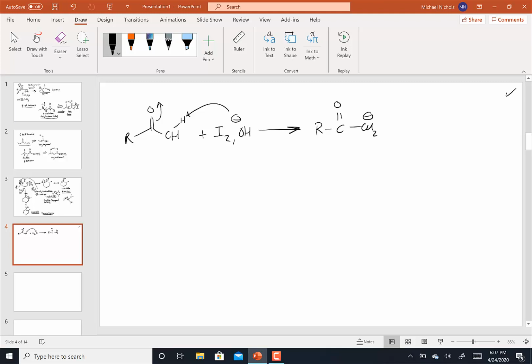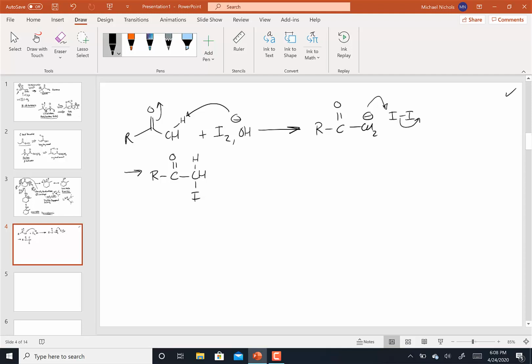Then that enolate would end up reacting with iodine as a nucleophile, so it would react with one of the iodines and kick off the other one, so that we would end up basically adding an iodine to the methyl carbon.